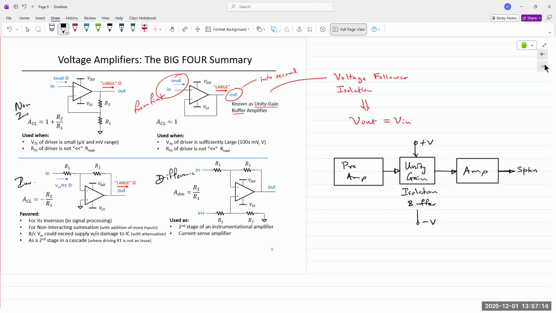It doesn't pull it from the first stage of the circuit. So the voltage shape remains exactly the way it is. The voltage level remains the same, but the current changes. So the output current from the first stage is not hindered, and the current for the second stage comes from the op amp. That's what is meant by isolation or isolation buffer.